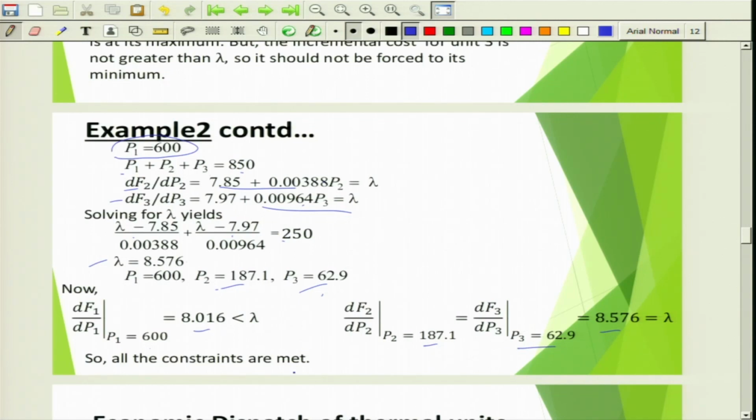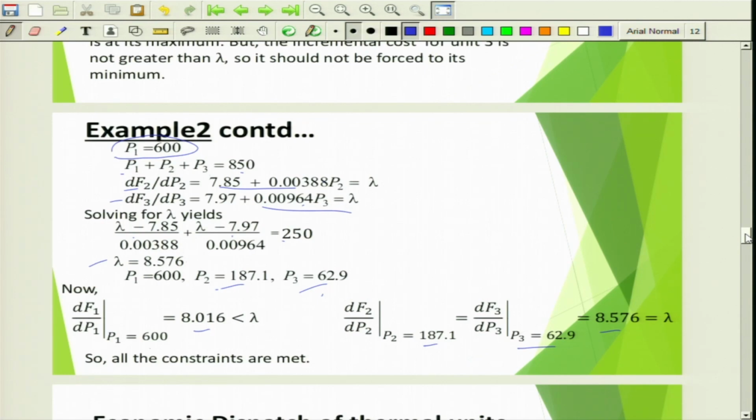So all the constraints are met. P1 plus P2 plus P3 is equal to 850 megawatt, that constraint is met, and individual generator power outputs are within their limits, and that is met, and you are getting the most optimal combination of generator output, where the summation of generation is equal to the total load.